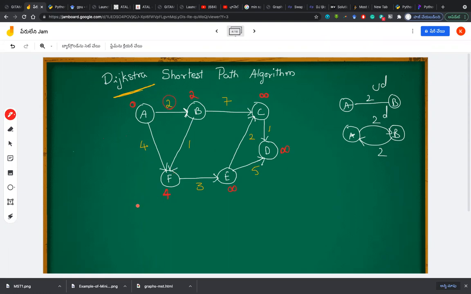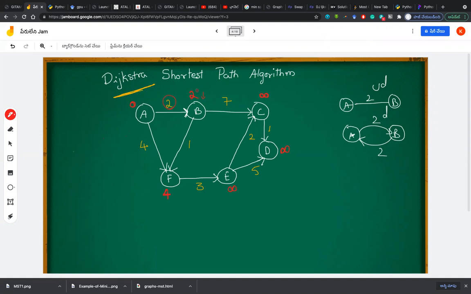Now you need to understand that if I am going to F, the direct A to F is 4, and A to B and B to F is a little bit less, right? So if you select this path and you are here at B, the value you got is 2 here, right?